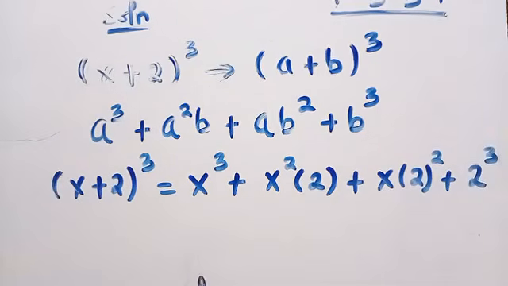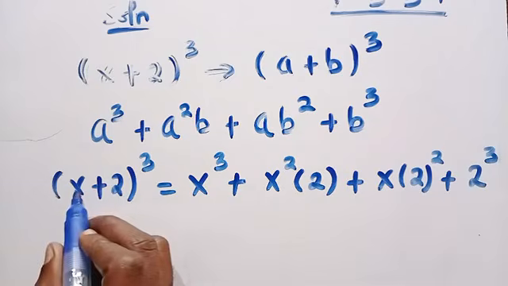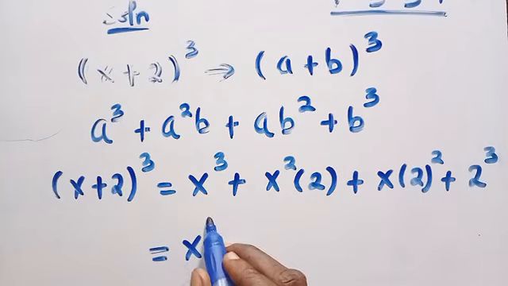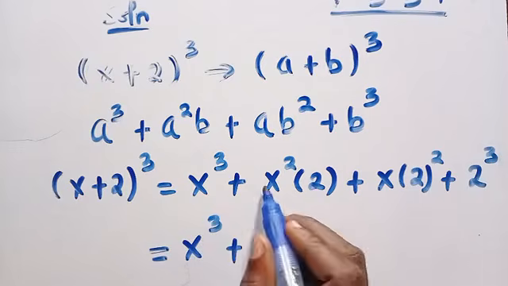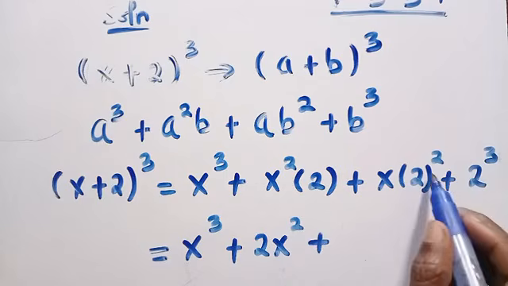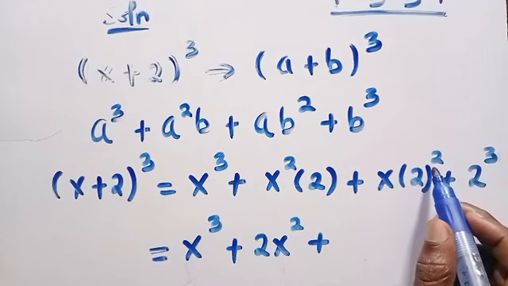I have not introduced the coefficients, so this is just the expansion of x plus 2 raised to the power 3. Let's break this further. Here is x raised to the power 3 plus 2 multiplied by x squared, that is 2x squared, plus 2 raised to the power 2, which gives us 4.